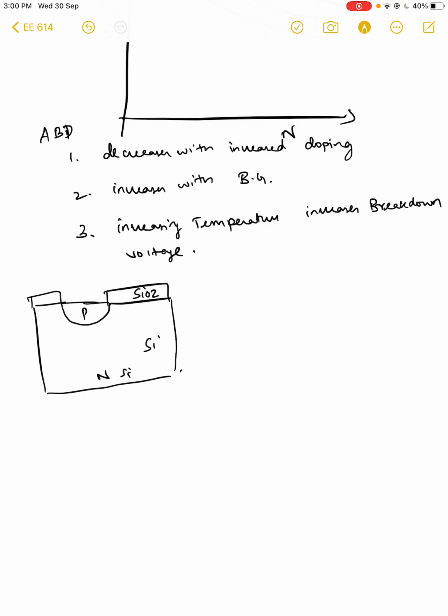So you have a PN junction like this, and the depletion happens such that the applied field is straight here, right? So your depletion width is not uniform, but wider here and thinner here, right?